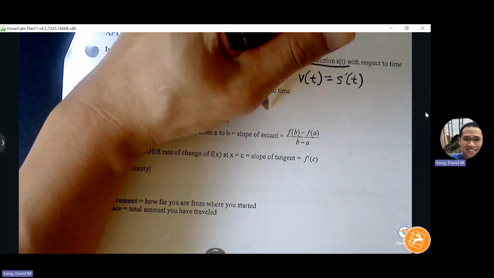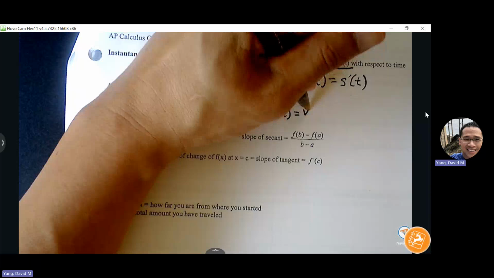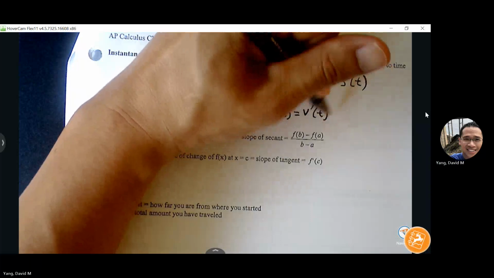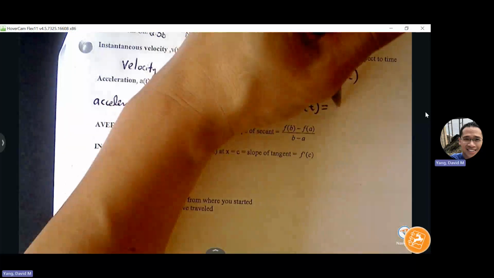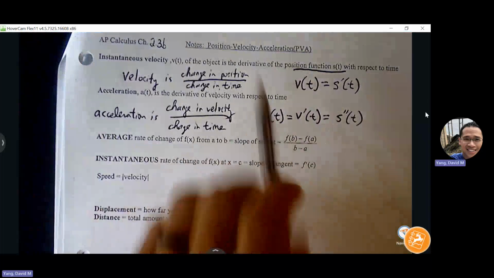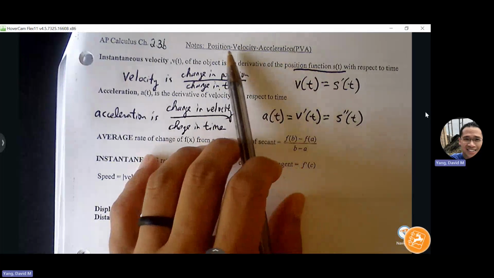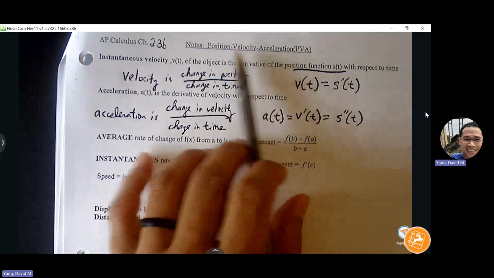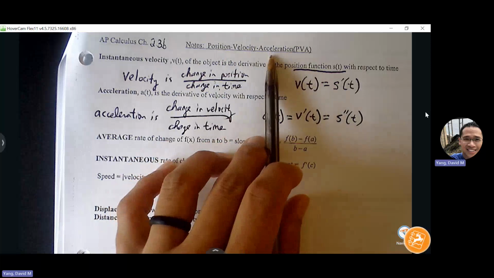So we think of acceleration as the first derivative of velocity if we're starting with v of t. But if we're starting with position, it's the second derivative. So we call this section PVA, position, velocity, acceleration, to show that relationship of function, first derivative, second derivative.